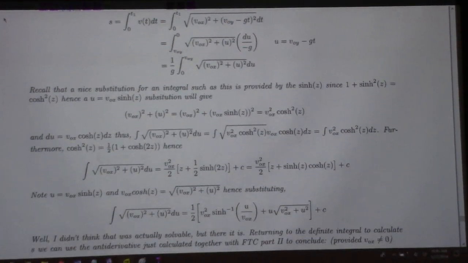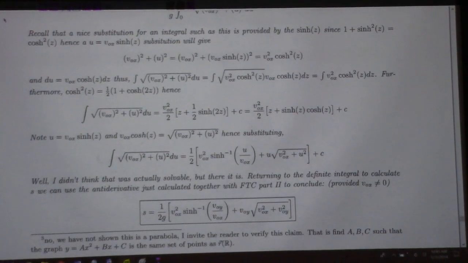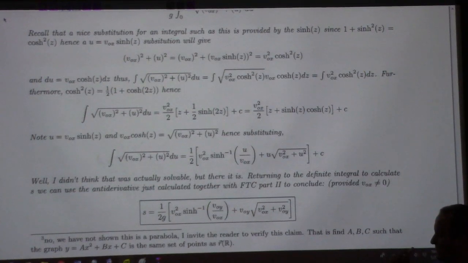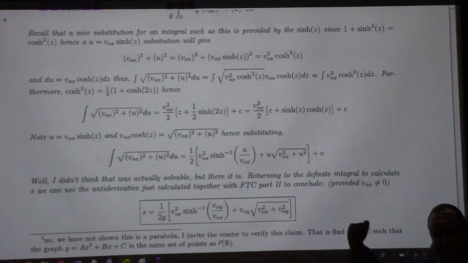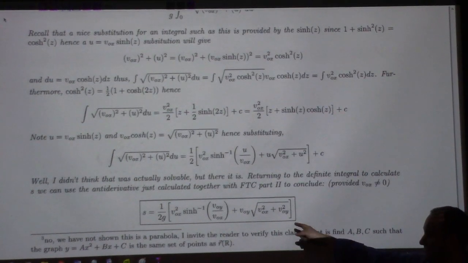When I started this integral, I didn't think I was going to find a formula, but this, for what it's worth, is the formula for the arc length if I took this marker and threw it with initial x velocity of v0x and initial y velocity of v0y. If I did that, ignoring the spinning of the marker and such, just tracking the center of mass of the marker, the length of the parabola that it just traced out would be given by this formula.